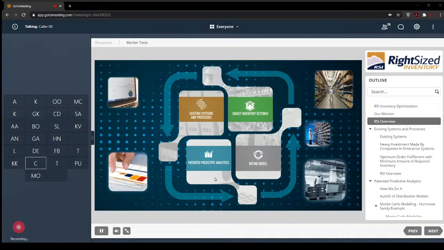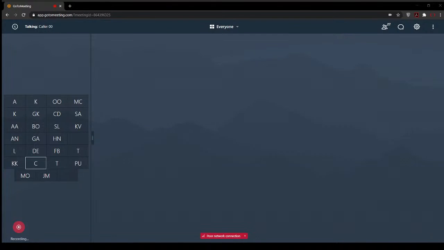And then we'll take a look at refining the model and share with you how our clients can actually gain intelligence from the model, setting goals, their corporate initiatives, their S&OP intelligence, and actually syncing it up with our patented technology. And then finally, with target inventory, optimize the replenishment values.